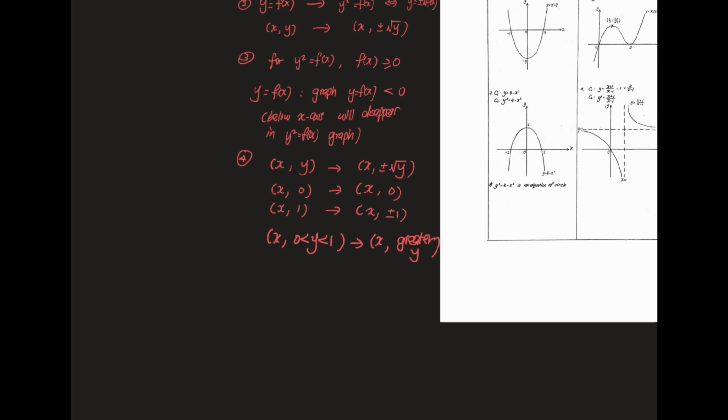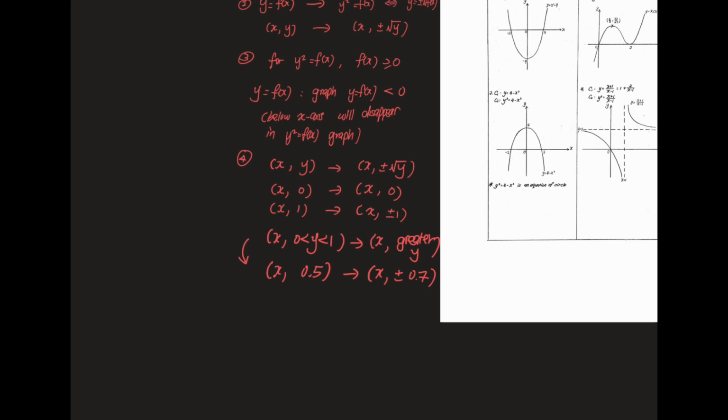For example, if your y is 0.5, after you square root, you will get plus minus 0.7. You can see it's getting greater. So 0.5 becomes 0.7, the value is getting greater.